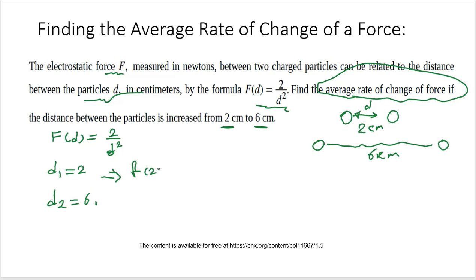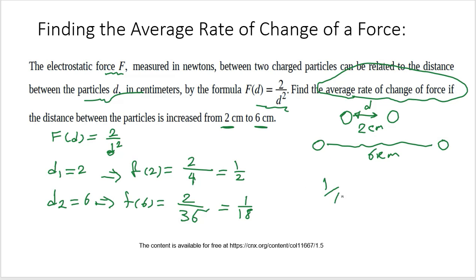So f of 2 is equal to 2 over 2 squared, 1 over 2, and f of 6 is equal to 2 over 6 squared, 36, is equal to 1 over 18. So average rate of change is equal to 1 over 18 minus 1 over 2 over 6 minus 2.